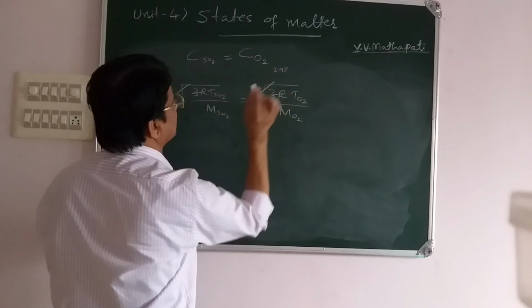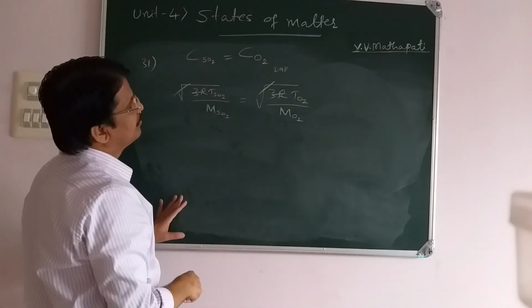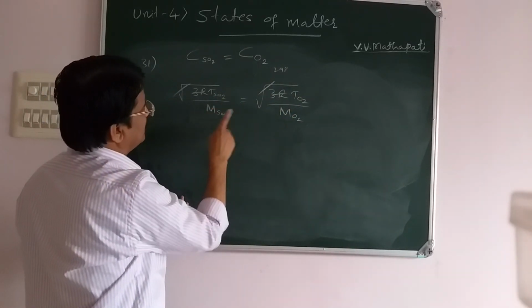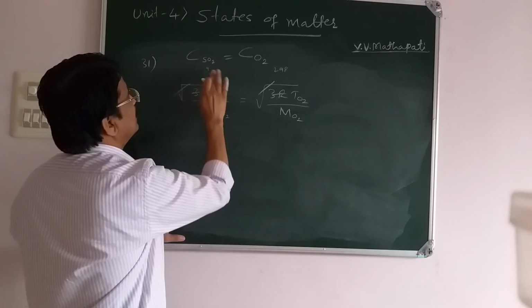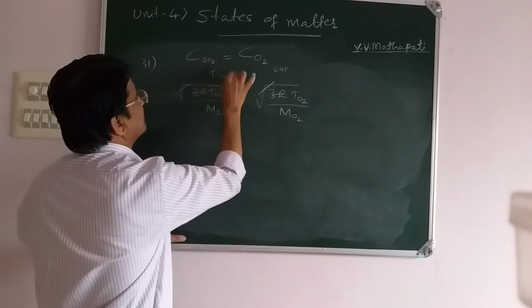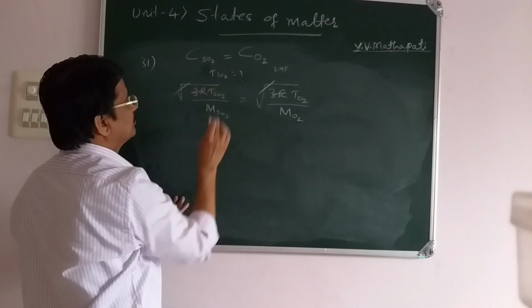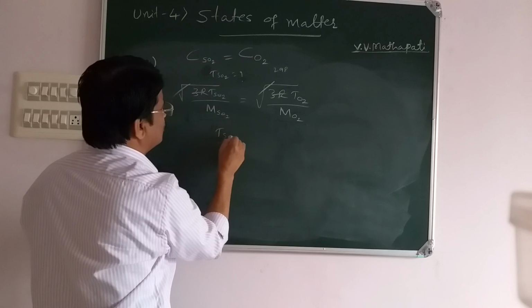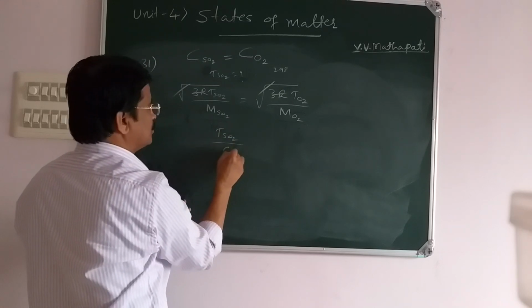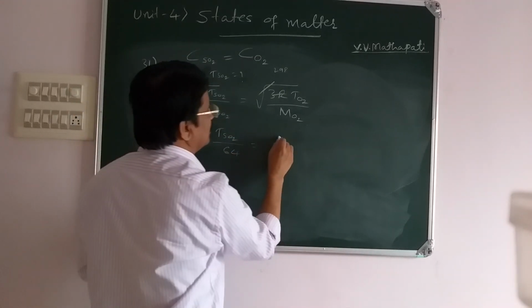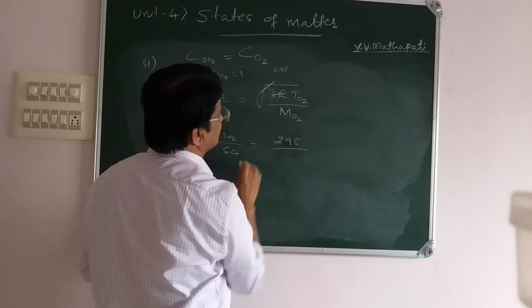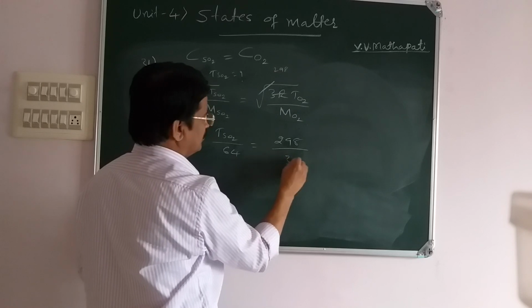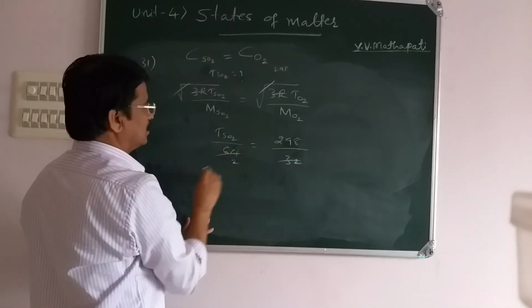T of SO2 by M of SO2, T of SO2 you have to find out. T of SO2 by M of SO2 64, T of O2 298, M of O2 32. 32 ones are 32, twos are 64.